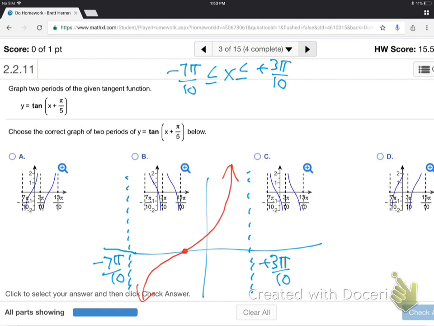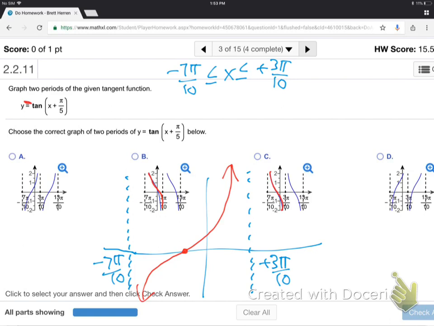So can you tell now which of those it is? What's wrong with B and C right away? They're negative. B and C are going down, aren't they? Do you see how the B graph goes down to the right, and the C graph goes down to the right? That would be if you had a negative in front of the tangent. We're going to have one of those in a minute.